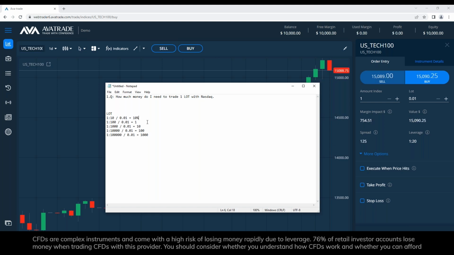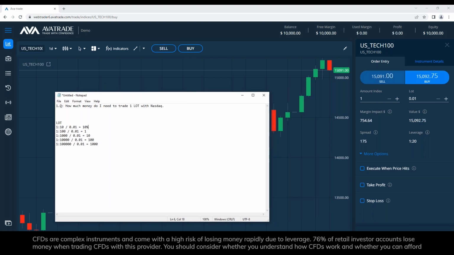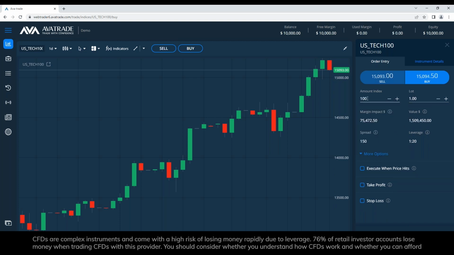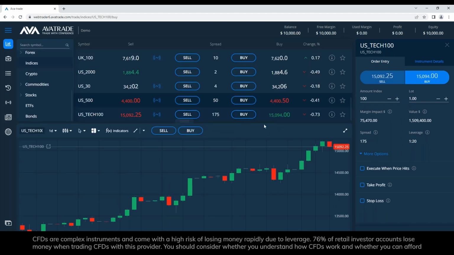Why am I explaining that? Because to understand how much one lot with Nasdaq is, we first need to know how many shares Nasdaq has. Now, I can check the lot size in 2 ways. First, I put one lot here, and then I have 100. Or I can go outside.